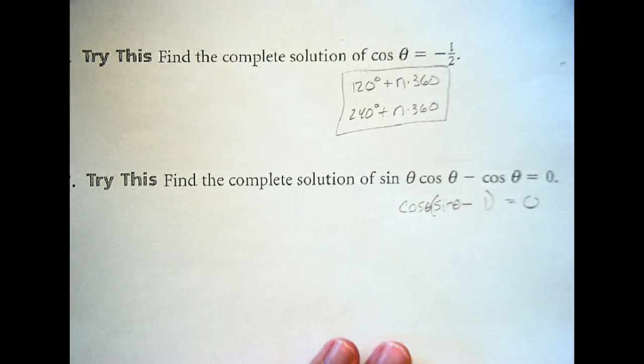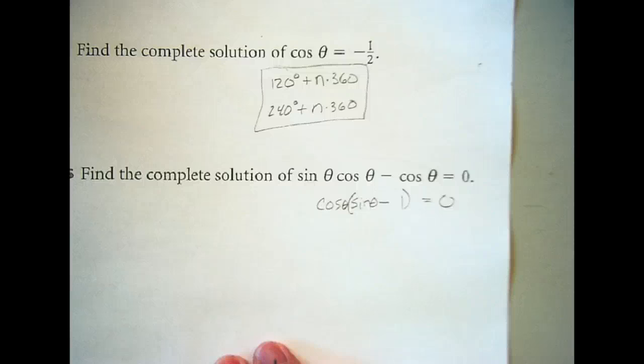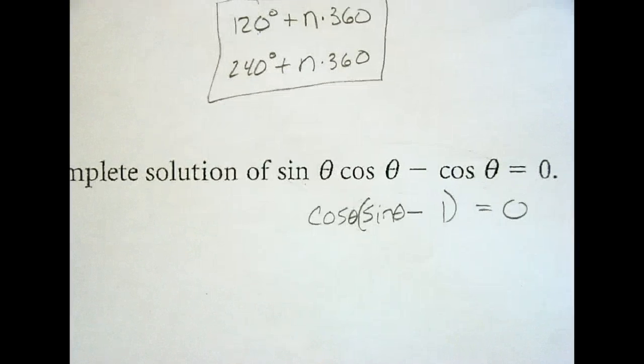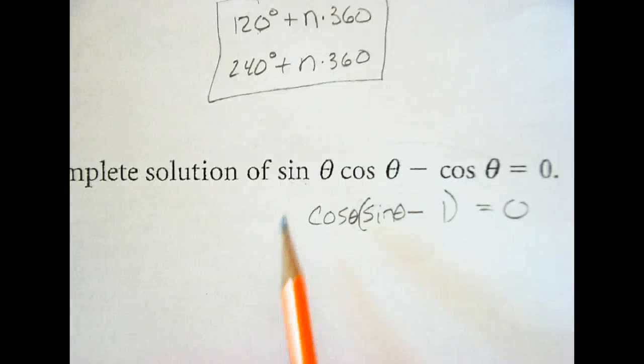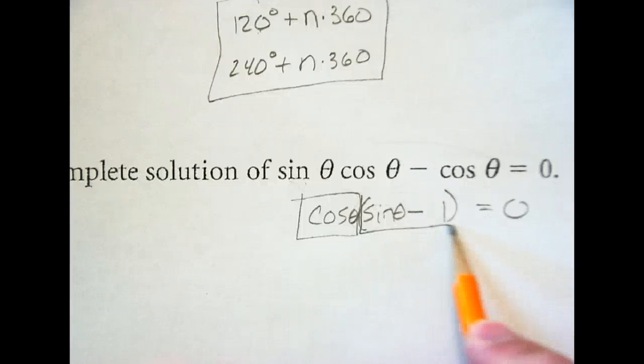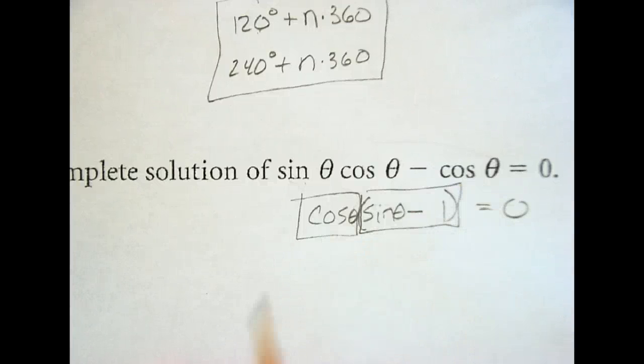Now, if you remember back to when we did factoring earlier in the year, the zero product property, whenever we were multiplying two things together to make 0, which is what we're doing here, you set each of them equal to 0. One has to be 0.